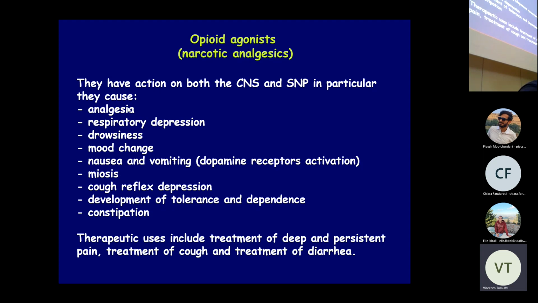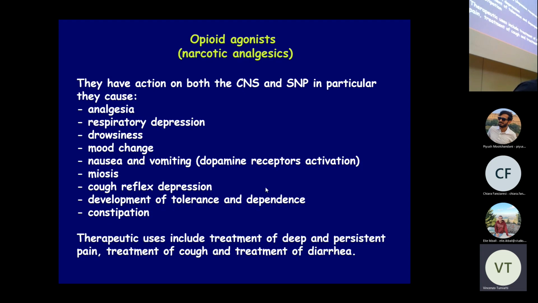Their effect, you can see in the slides: analgesia, respiratory depression, drowsiness, mood change, nausea and vomiting, meiosis, cough reflex depression. This is an important property. We'll see that we can use some derivatives to block the cough.